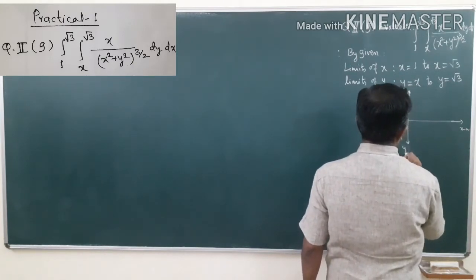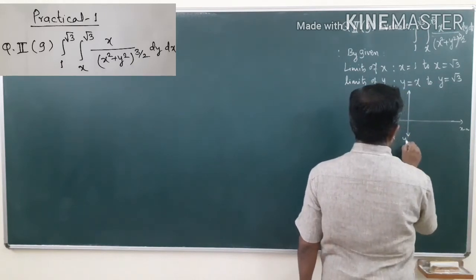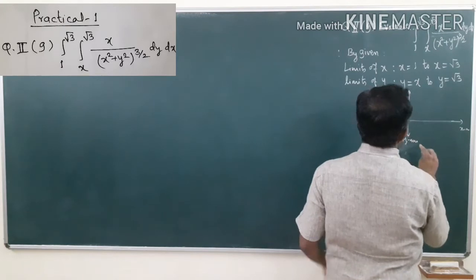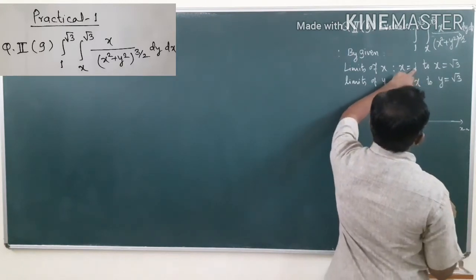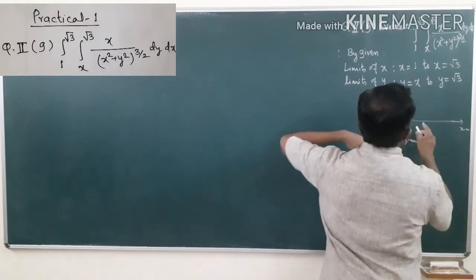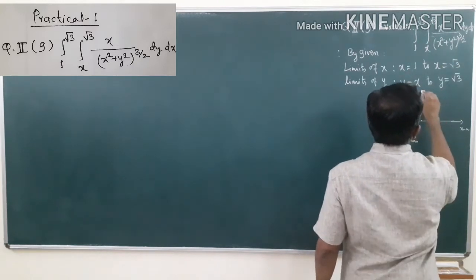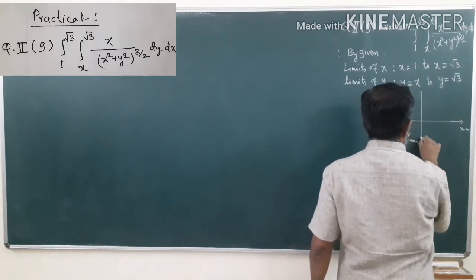We do not require below the x axis, so this is y axis. Now, draw the lines. x is equal to 1, suppose x is equal to 1 is here. So, I will draw the line x is equal to 1.